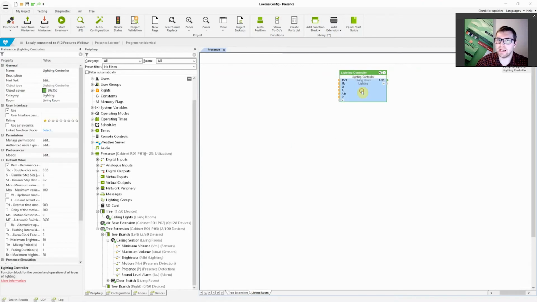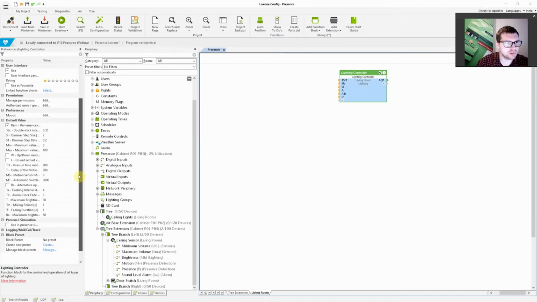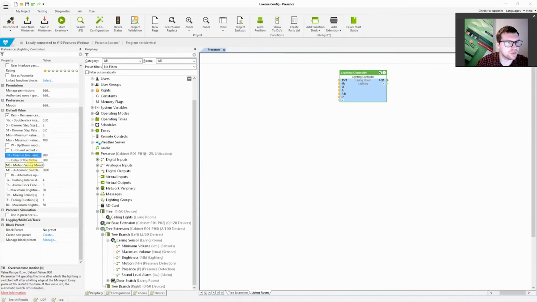The reason being is that within the lighting controller, we have 3 parameters related to motion or presence based switch off of lighting. We have TH. TH determines that if the lights were last activated through motion, that they will turn off after this amount of time with no motion being active on the MV input.